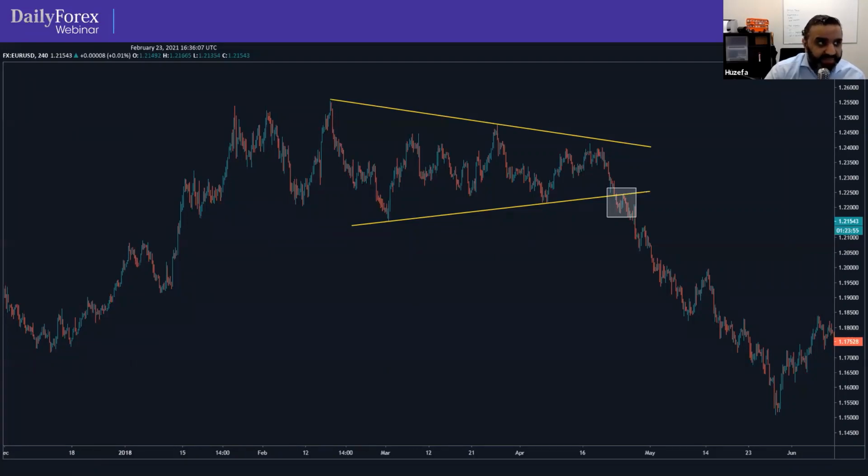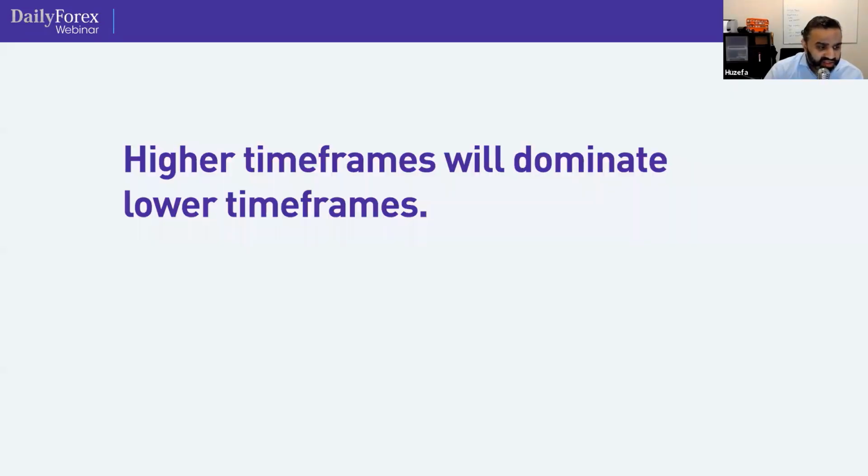There's a number of signs to show the price is falling. So keep in mind that, and this is true for any technical analysis principle, higher time frames will dominate lower time frames. If you've got a reversal on a lower time frame, let's say the price is turning from bearish to bullish, but the overall trend is still bearish, the higher time frame trend will dominate the lower time frame trend, or the higher time frame pattern will always dominate the lower time frame pattern.